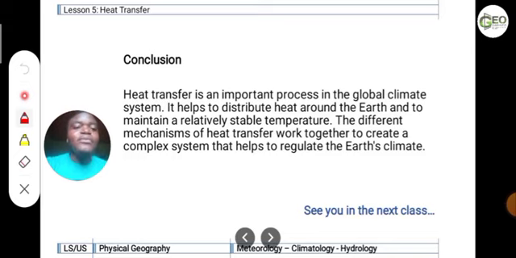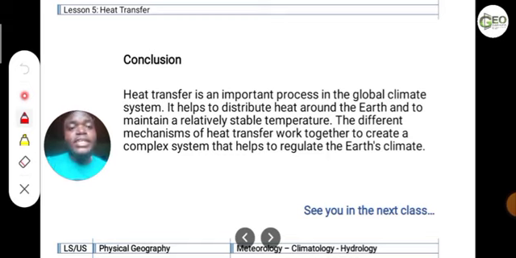Yes, this is why the poles are not too cold like we would imagine, or like we would expect. The temperate regions as well during winter are not extremely cold, because if they were to be extremely cold, then I don't think life would be able to exist even in the temperate regions during winter.